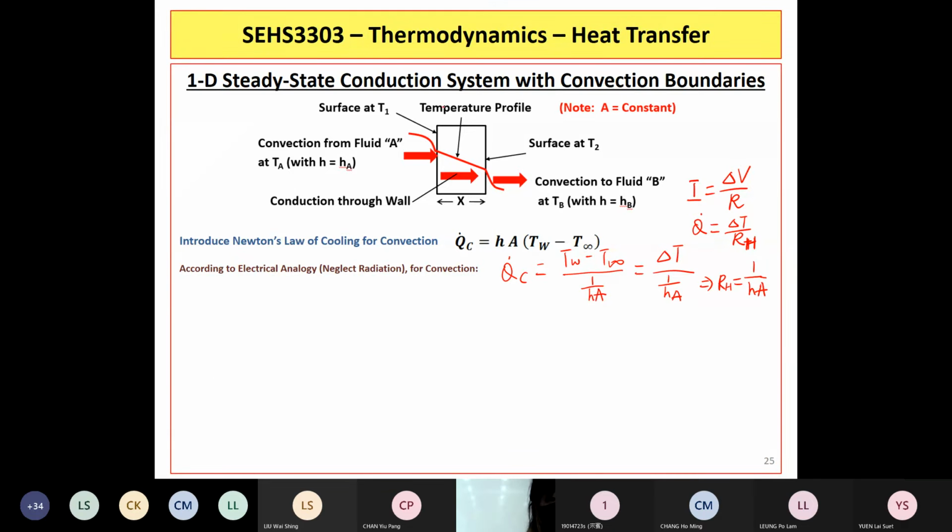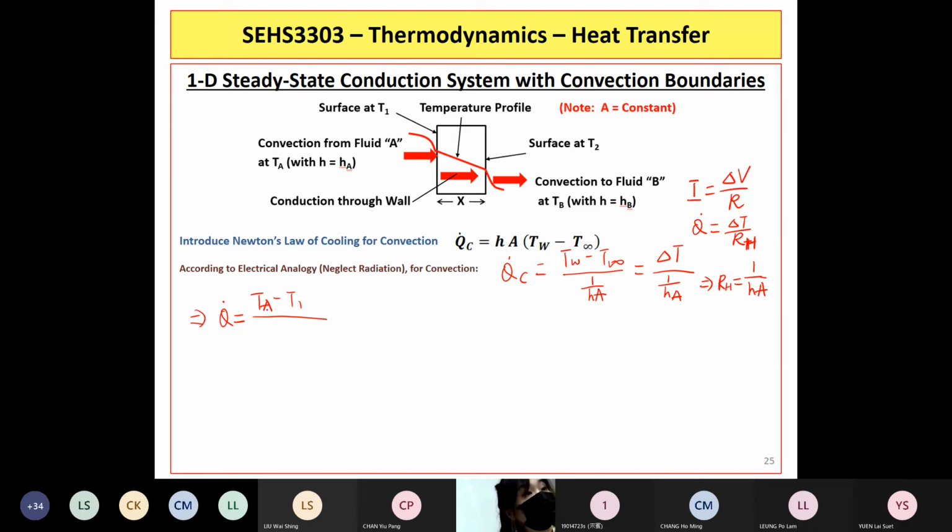In this problem, what we have first is convection from fluid A at temperature T_A. Now we can use this equation, that is Q dot equals T_A minus T_1, convection from fluid A to the surface of the solid, because T_A is larger than T_1.